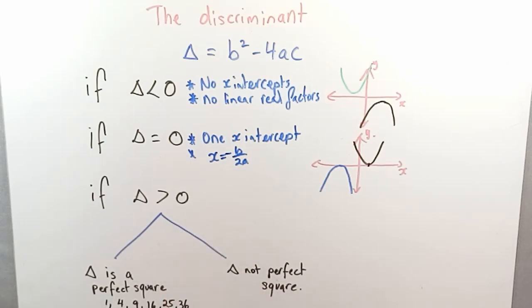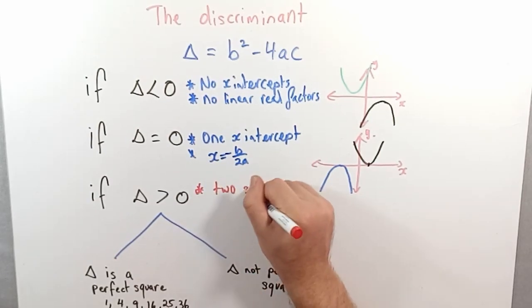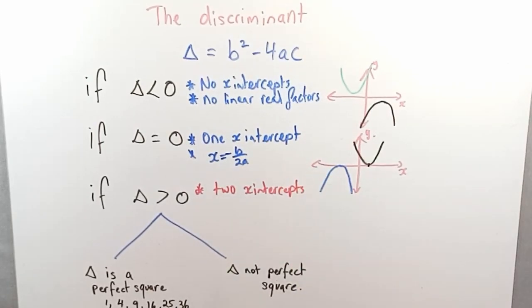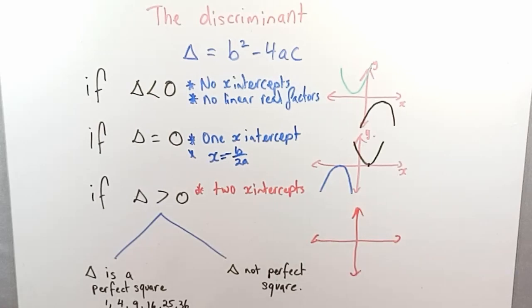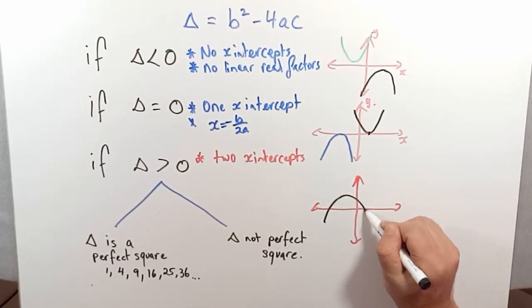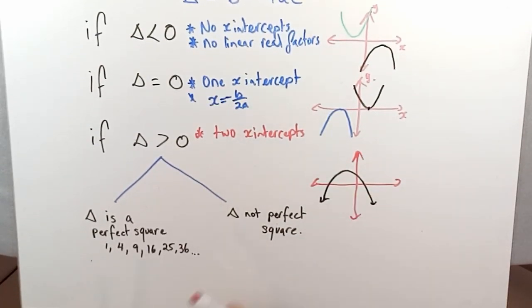Next one, if it is greater than 0. If you've got a discriminant greater than 0, you have two x-intercepts. I'll draw a little graph of that. But you can also tell a lot about those two x-intercepts, and what you can do if you can factorize. So there's two situations. Is the discriminant a perfect square? That is like 1, 4, 9, 16, 25.